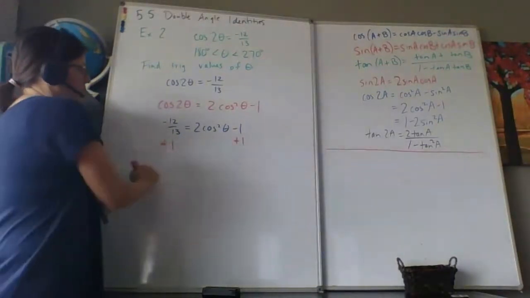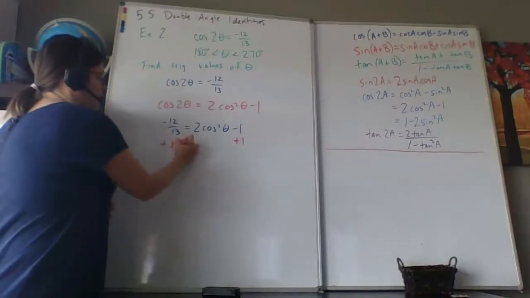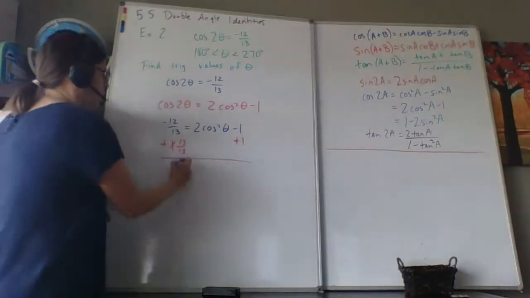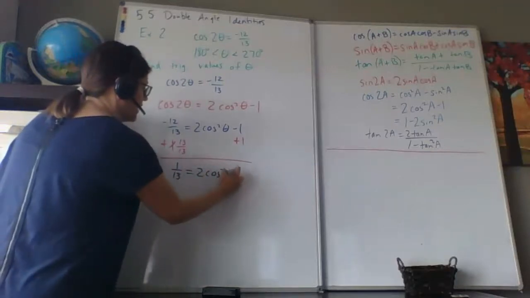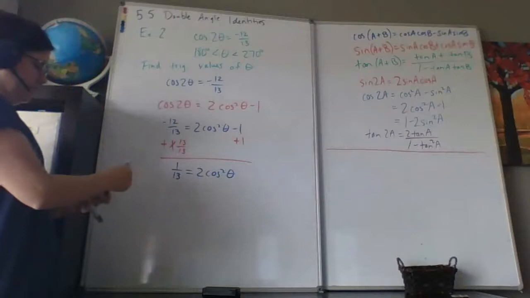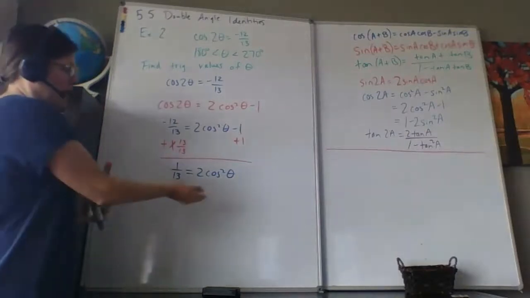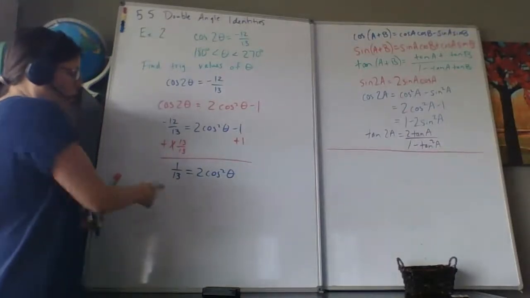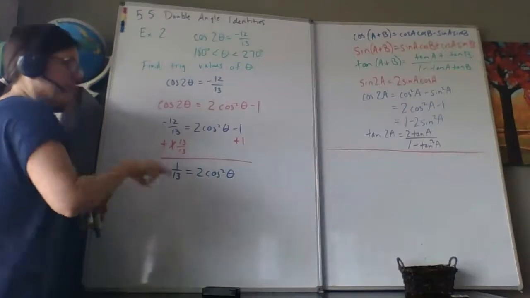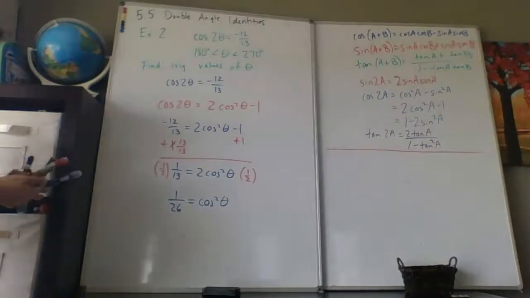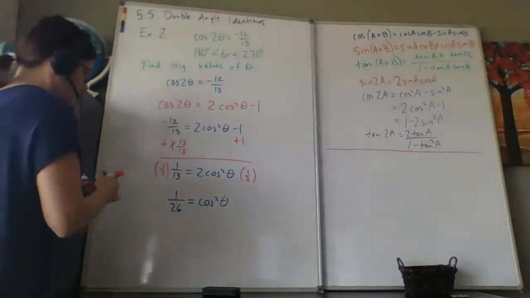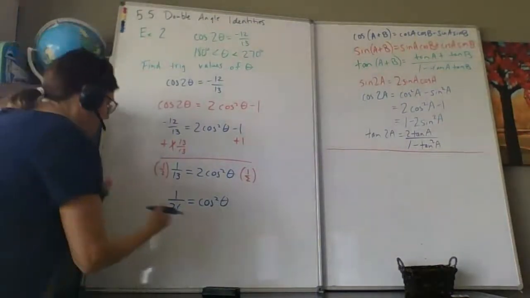First, I add 1 to both sides, or I add 13/13. Now I get 1/13 equals 2 cosine squared theta. Next, I will divide both sides by 2 or multiply by a half, since dividing by 2 is the same as multiplying by the reciprocal. Now I'm ready to do the square root of both sides. Don't forget the plus or minus.